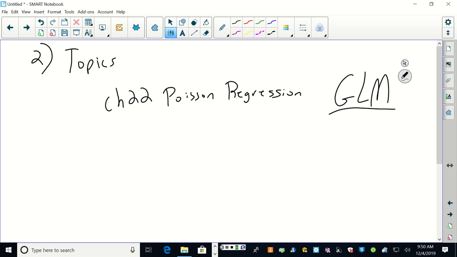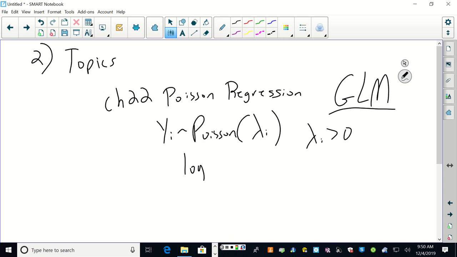In this case, y_i is Poisson(lambda_i), and you want to relate lambda_i to different x's, right? But lambda_i is greater than 0. So if you just did it linearly, for some x's you could end up with predictions below 0. So you don't do linear regression for that type of data. Instead, you could take the log of lambda_i as linear.